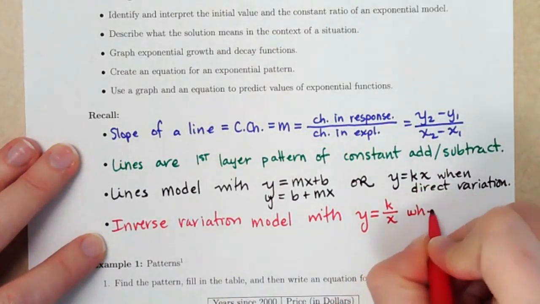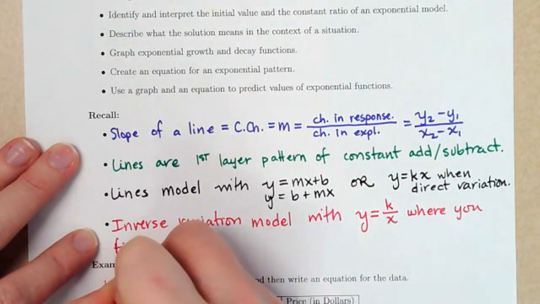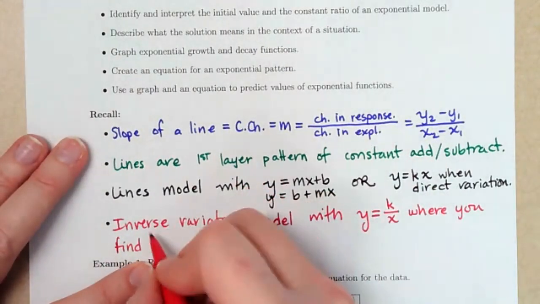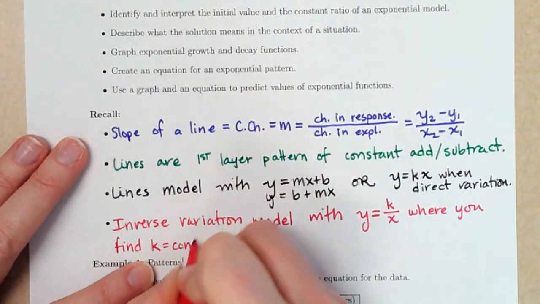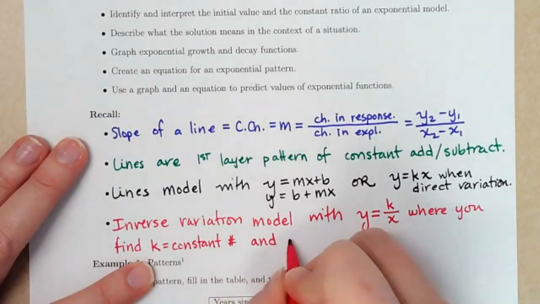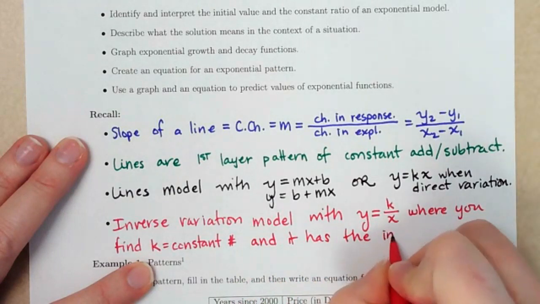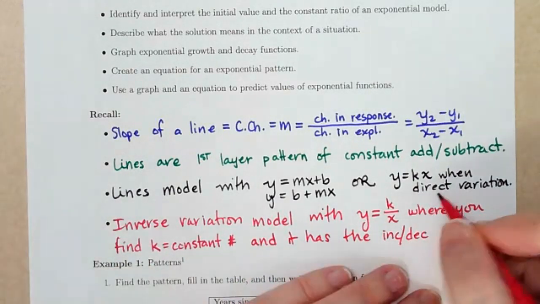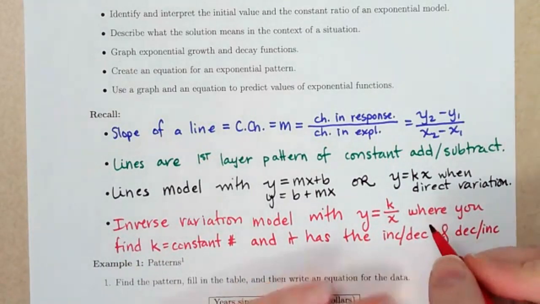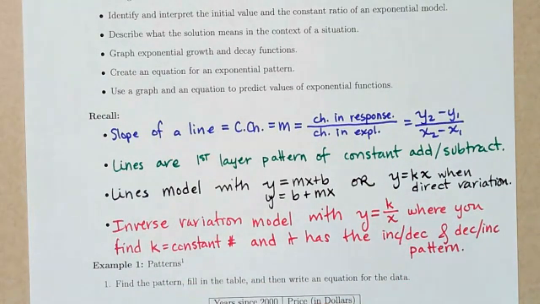So where you find k to write an equation, find k, constant number, and it has the increase, decrease, and decrease, increase pattern. Okay, high, low, high pattern.